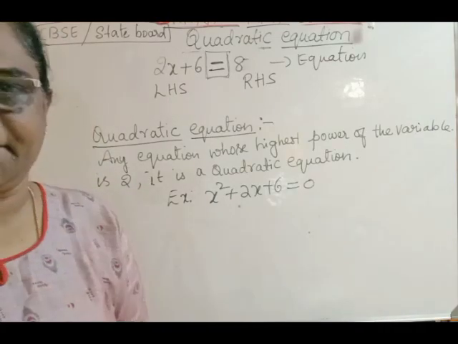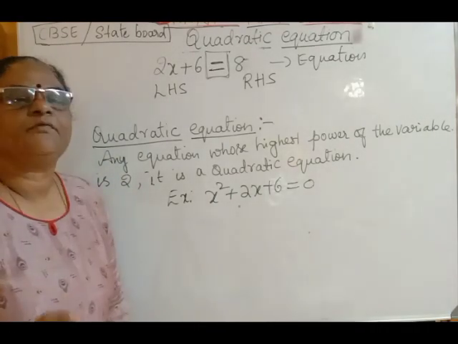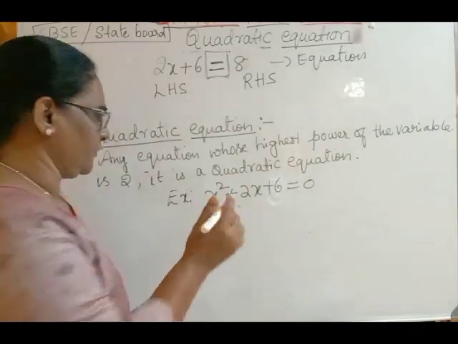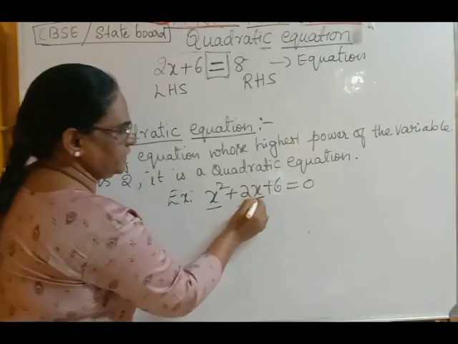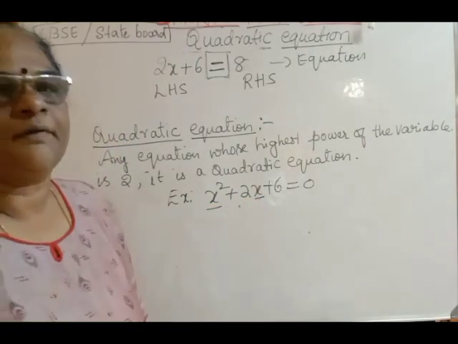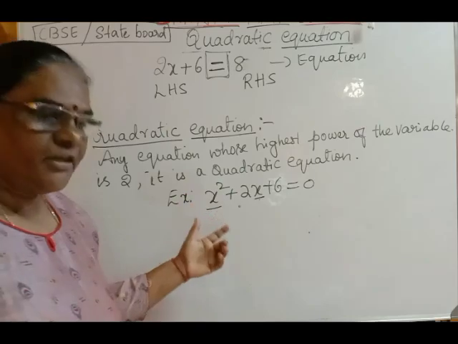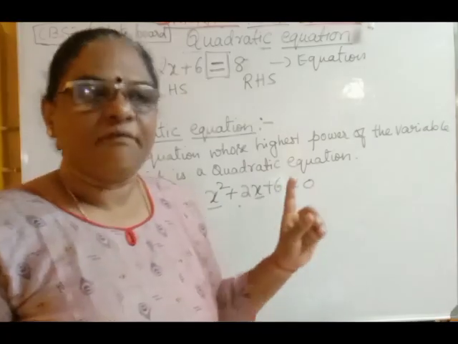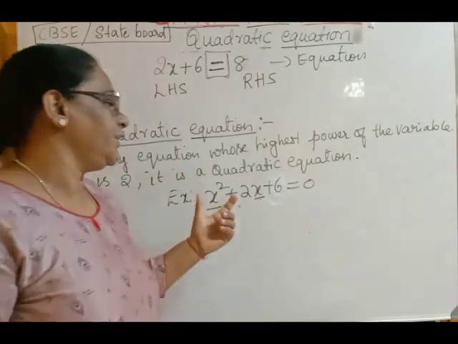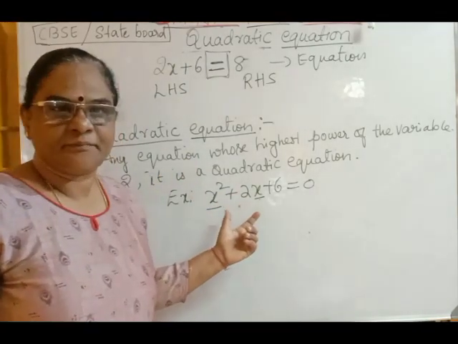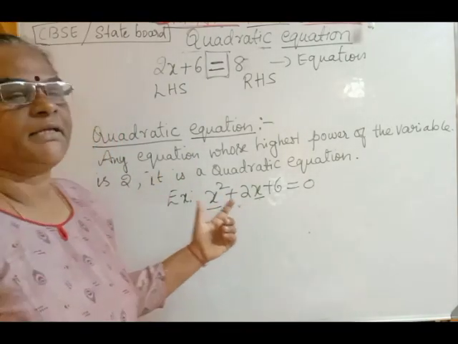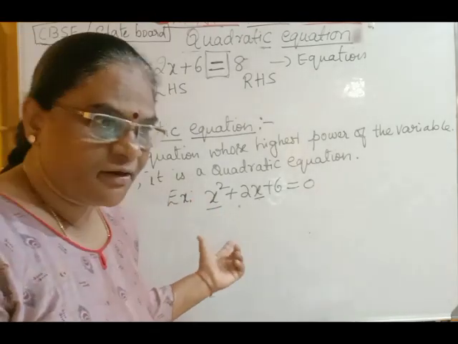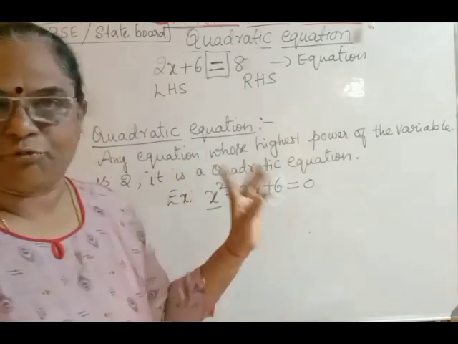This is a quadratic equation. See here, what is the variable here? The variable here is x. Usually remember, this is very important, in a quadratic equation we usually use only one type of variable. Like in a linear equation, here we are not using x and y both.